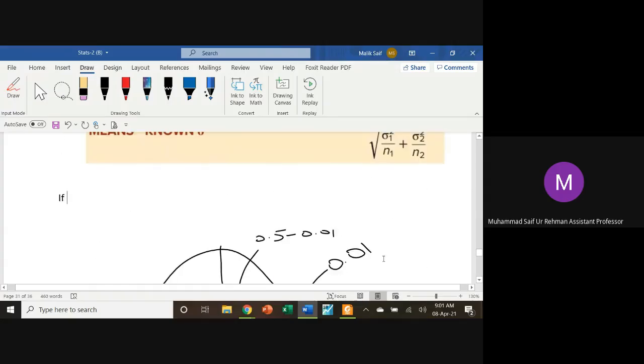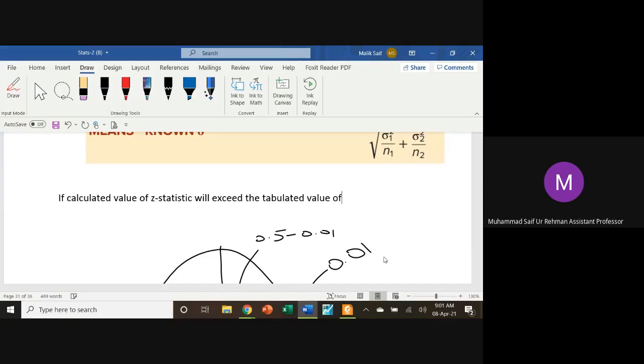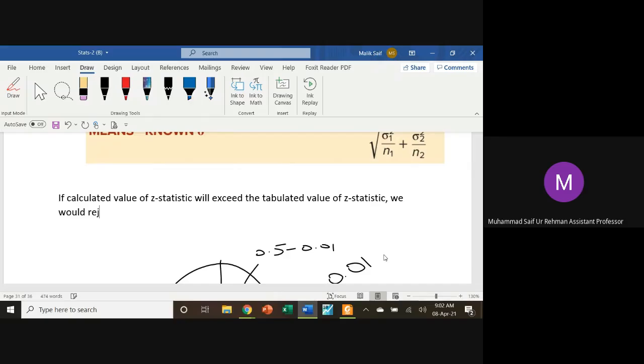If the calculated value of z statistic will exceed the tabulated value of z statistic, we would reject H naught.